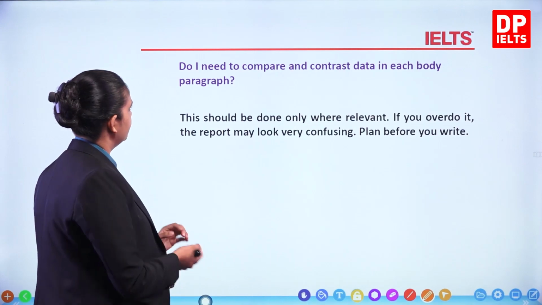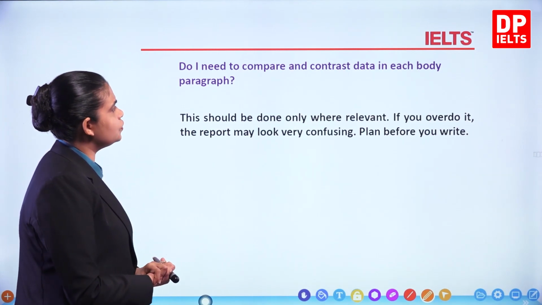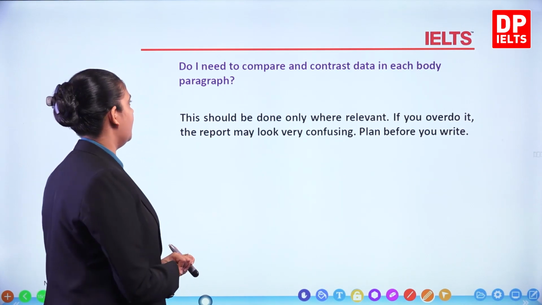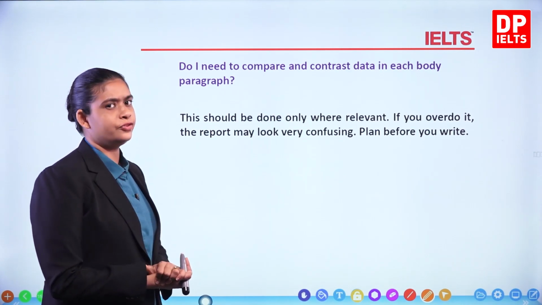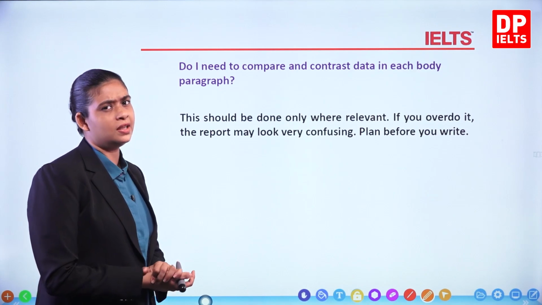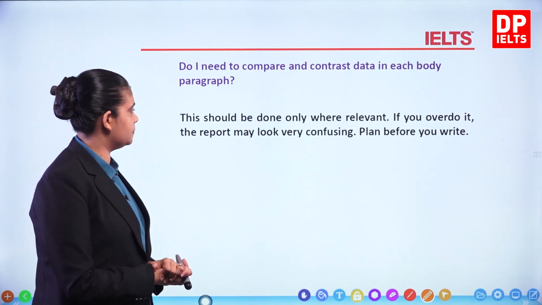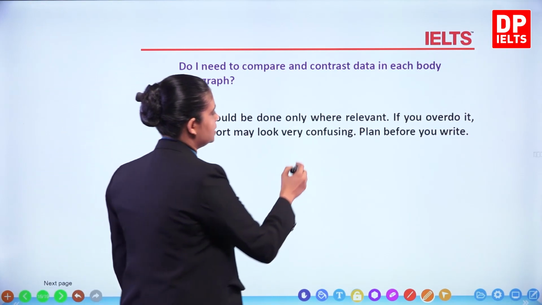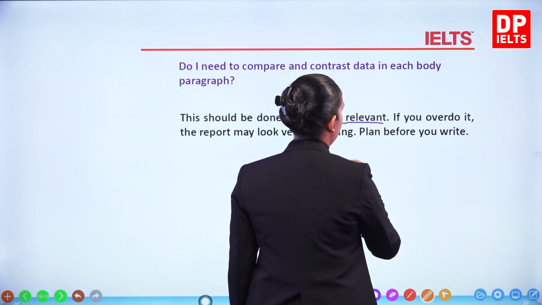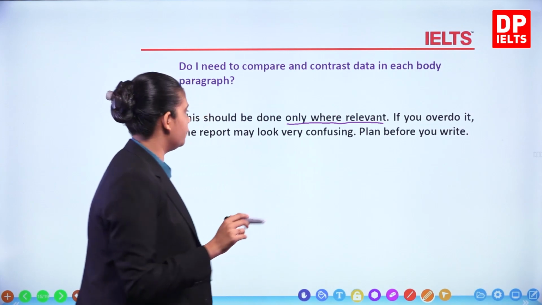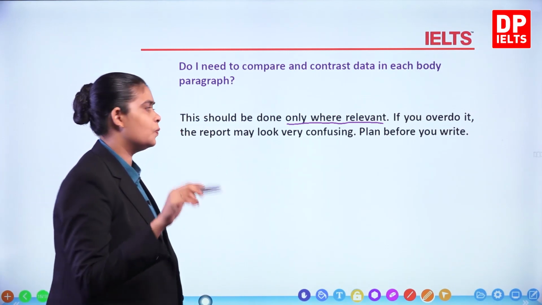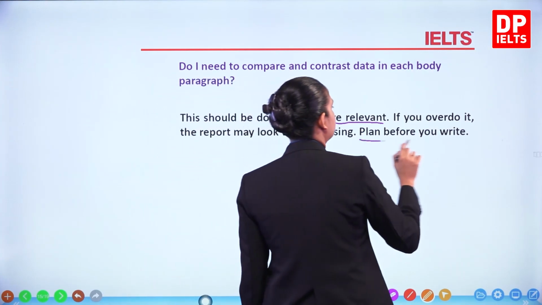All right. Do I need to compare and contrast data in each body paragraph? Now, students ask me this question quite commonly. That's why I've put it up here. Well, the answer is this should be done only where relevant. If you overdo it, the report may look very confusing. So plan before you write, okay?